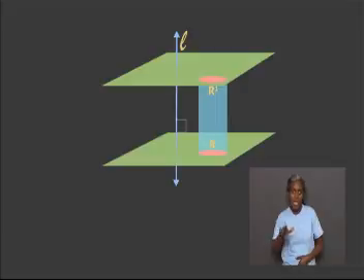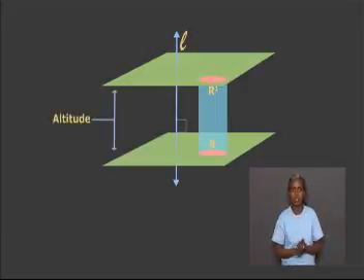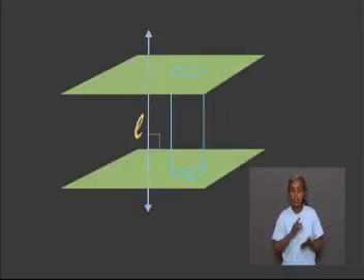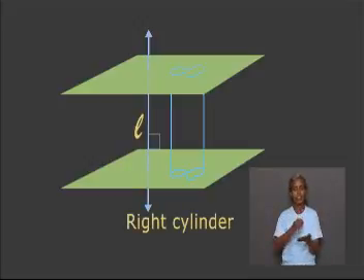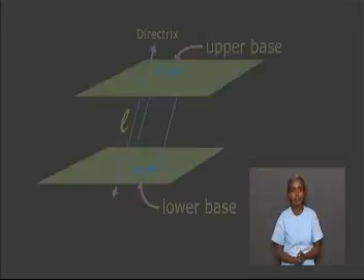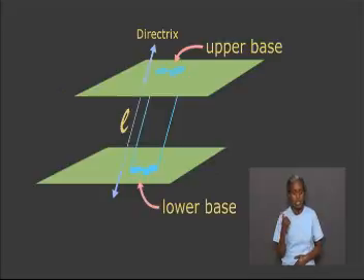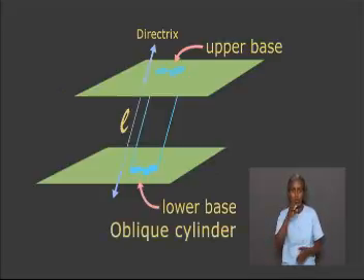The line L is called its directrix, and the perpendicular distance between the two planes is called the altitude. If the directrix is perpendicular to the planes, then this is called a right cylinder. Otherwise, it is called an oblique cylinder.